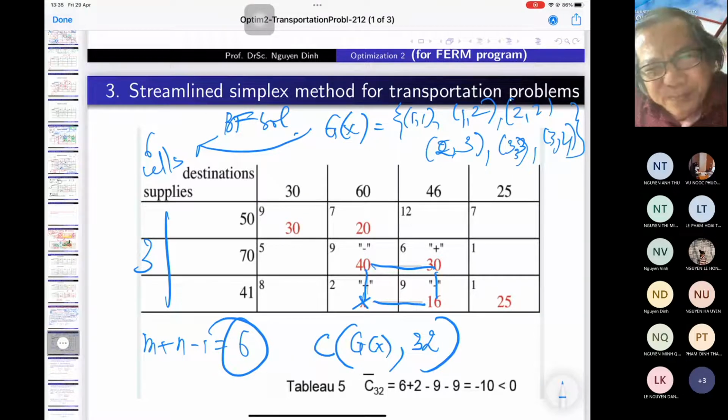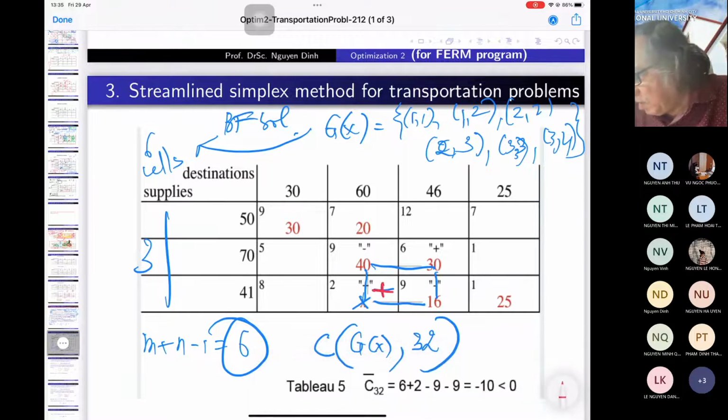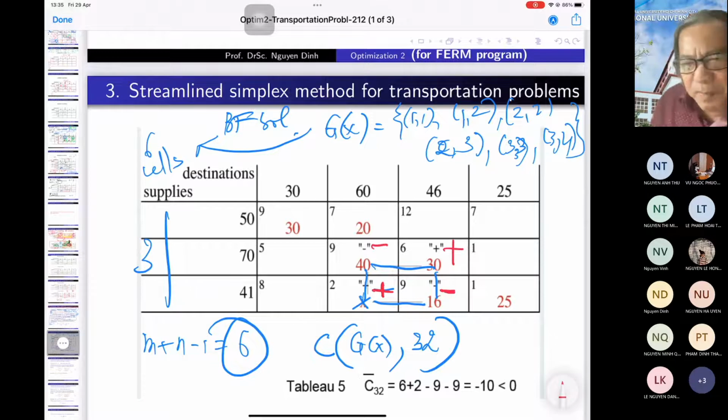The cycle is here, and the cell 3,2 we put in, we mark it as a plus cell. This is minus, this plus, and minus. C plus is the set of all plus cells. C minus is the set of all minus cells.